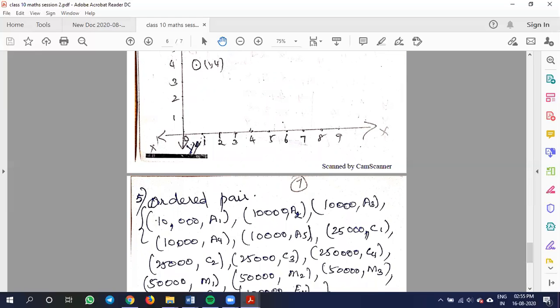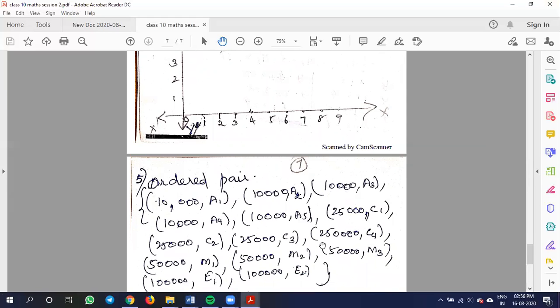Now, here you have how many assistants? The assistants are A1, A2, A3, A4, A5, 5 assistants, 4 clerks, 3 managers and 2 executives, and the salaries of the assistants are 10,000, clerk is 25,000, manager is 50,000, and executive is 1 lakh.